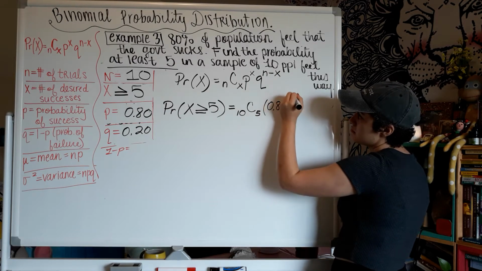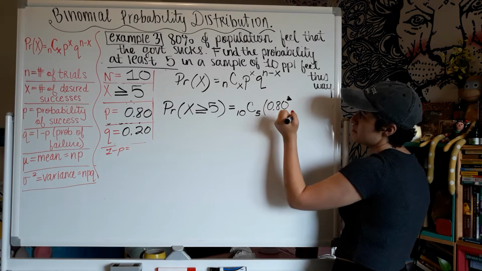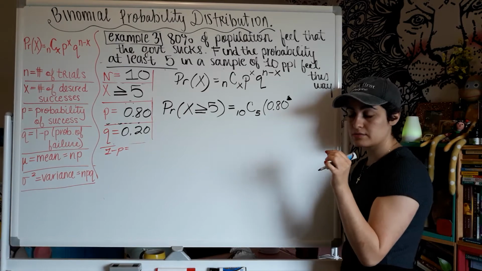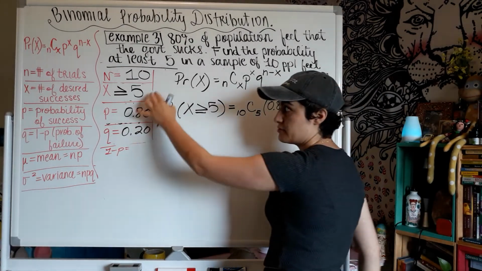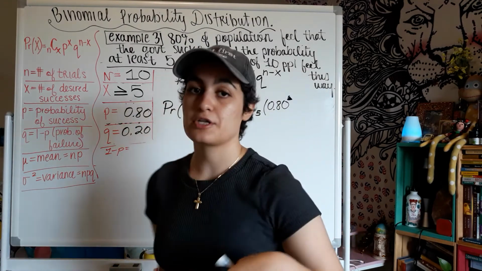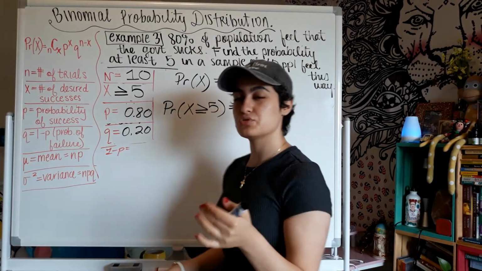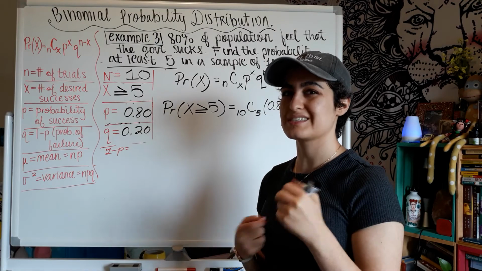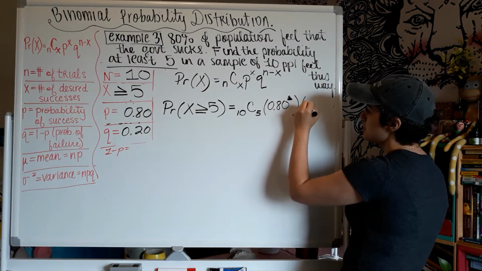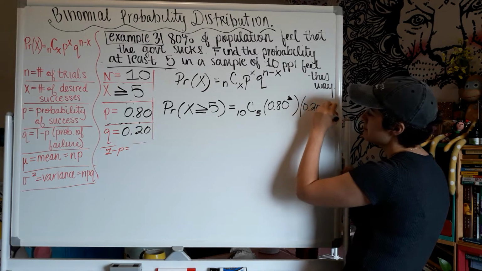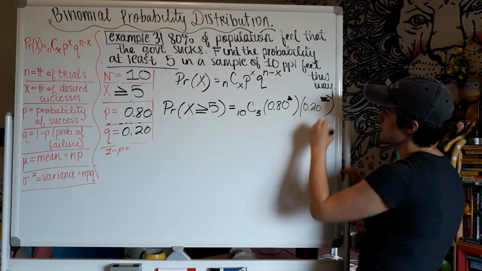And then let's just leave a blank right there, because at this point, we don't do these by hand. As soon as we know the variables, the calculator just does it all for us. But I do want to explain the setup. And then Q, which is 0.20, and so on and so forth.